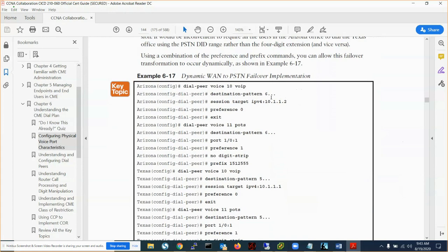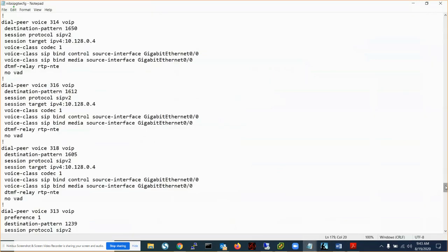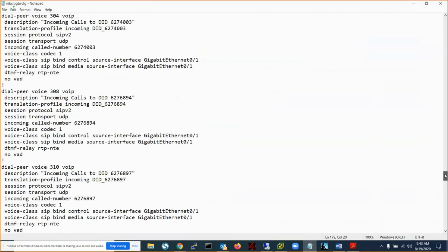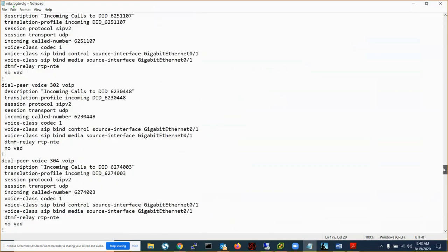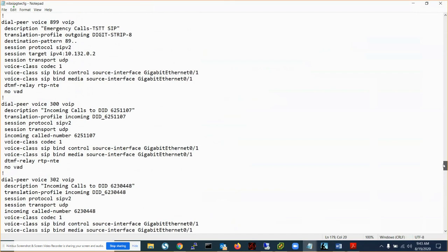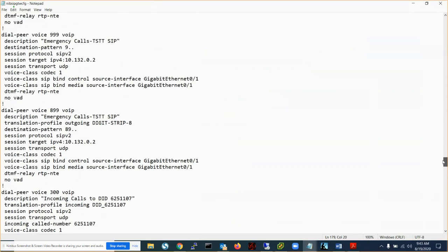But if it's a VoIP dial peer, I have another command that strips the 8. There are so many dial peers I have, it's hard to find these dial peers.